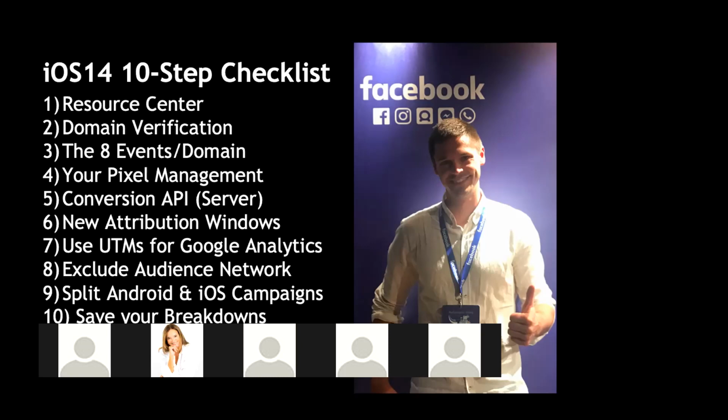These UTMs, you could either use the UTM generator, or what I do is I do it on ad level inside the ad account. And Facebook officially says that the Audience Network on iOS 14 won't work anymore, therefore exclude it, and consider splitting Android and iOS campaigns, at least include it in your A/B testing, and try if it works better or worse for your specific niche.